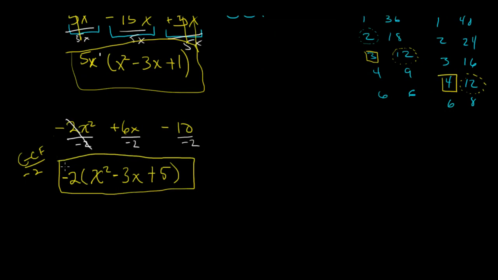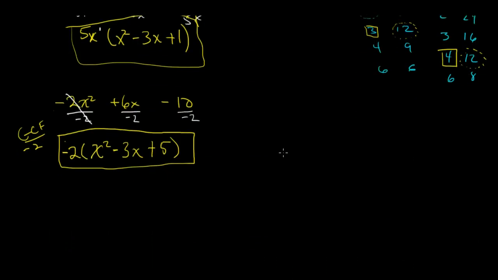This one we'll do by grouping so you can see how it works in the last couple of minutes here. This is by factoring by grouping. And this is an important skill set, so let's check it out. If I have y to the third power plus 3y squared plus 4y plus 12, I can group.